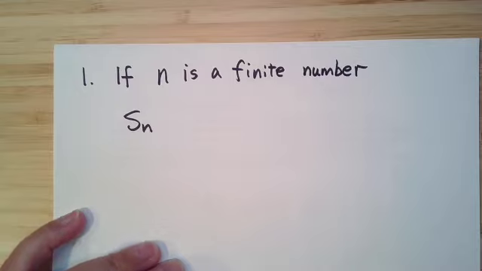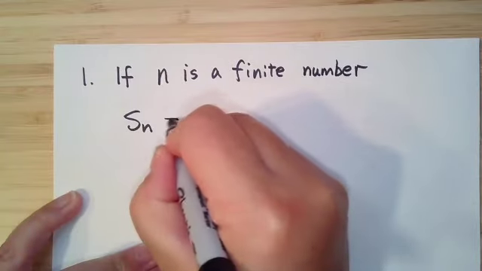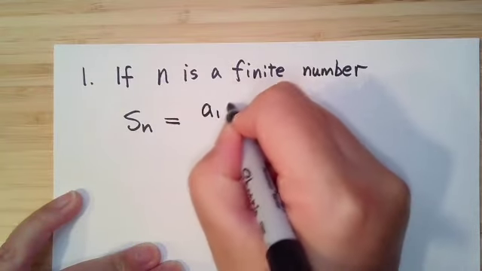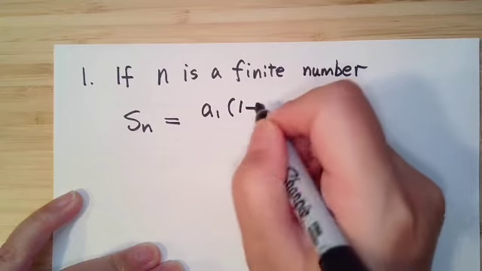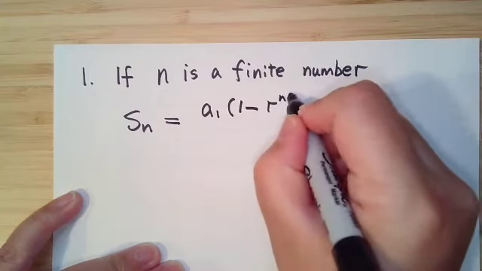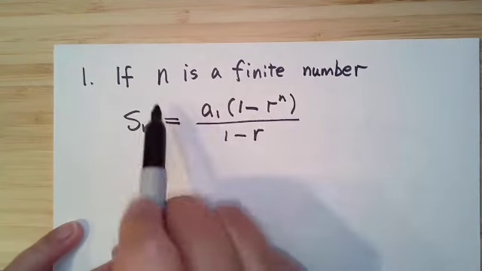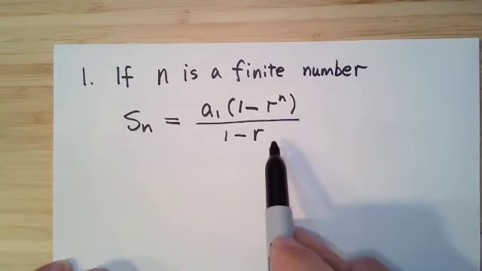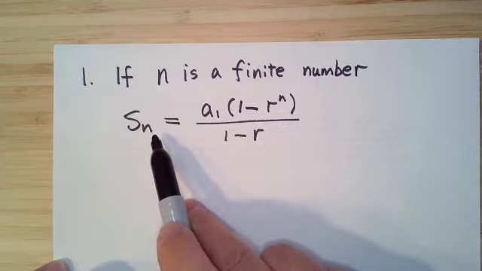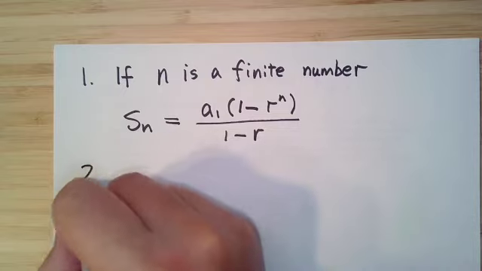So it's a limited number. So here is the formula. Sn will be A1 times 1 minus r to the nth power over 1 minus r. When n is a finite number, use this formula because you have a limited number of n.